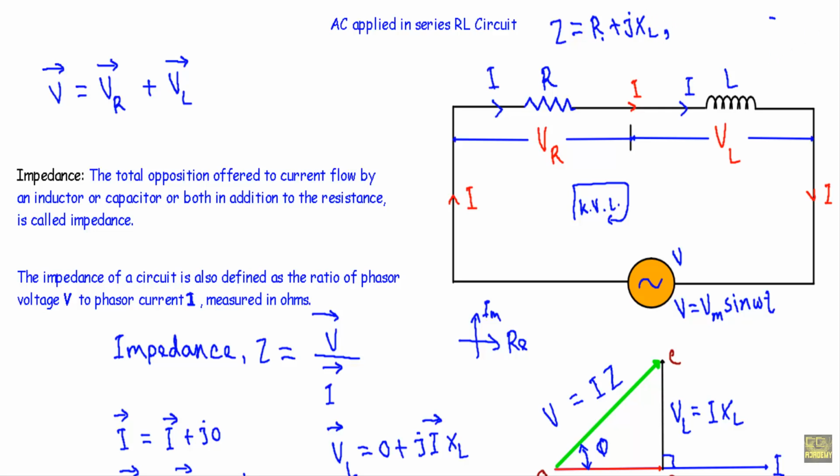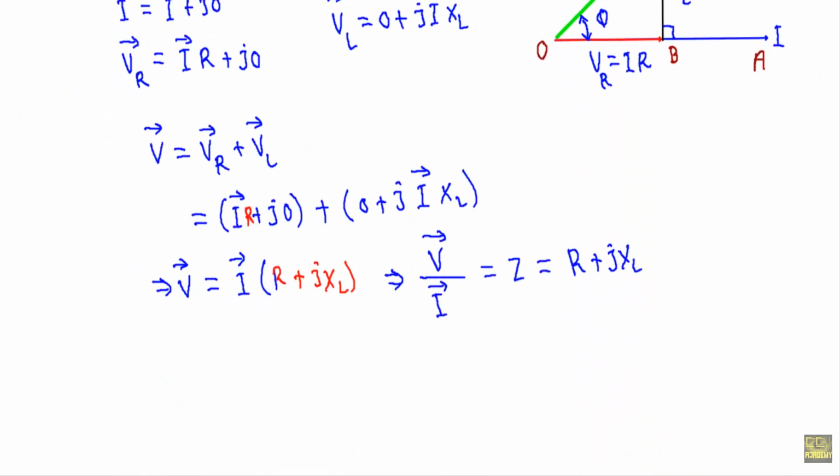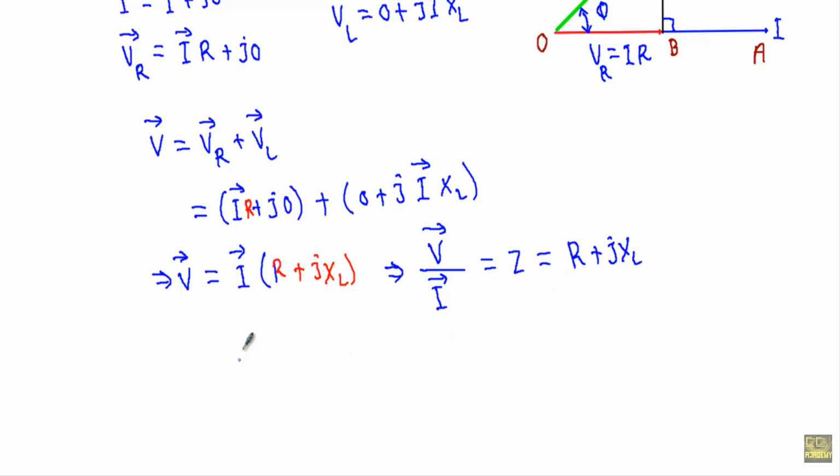Now what will be the magnitude of this complex impedance? The magnitude will be equal to root over R square plus XL square. And what will be the phase angle of this complex impedance?